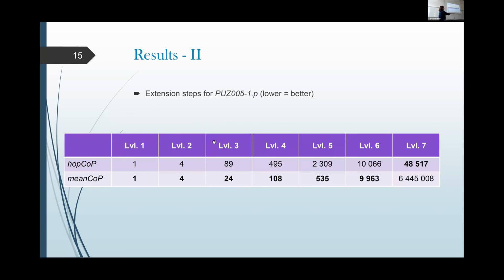Of course, if you go deeper with the step, then you can apply more steps. And shown here is the number of extension steps that the solver has to try out. And you see, Mooncop is pretty optimized. At first, it really optimized away a lot of potential extension steps, which is good, we feel bad. But then at some point, we're better.